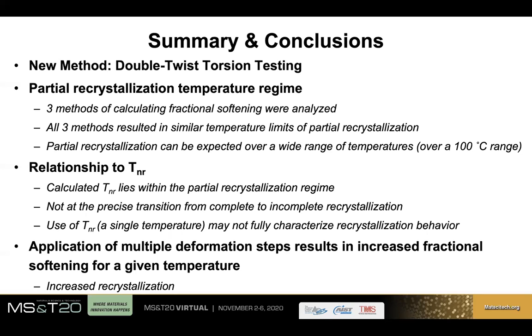So use of TNR, which is a single temperature, may not fully characterize recrystallization behavior, and the double twist torsion test may allow controlled rolling schedules to be developed with greater precision as we can predict the full range of temperatures over which partial recrystallization can be expected. In addition to that, we see that the application of multiple deformation steps results in increased fractional softening for a given temperature, and therefore increased recrystallization.